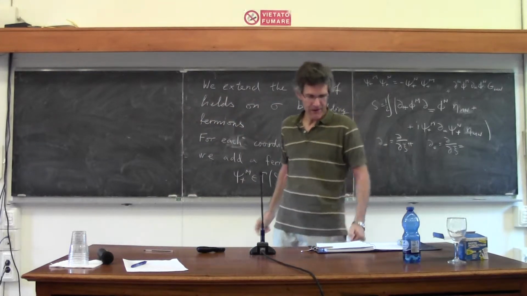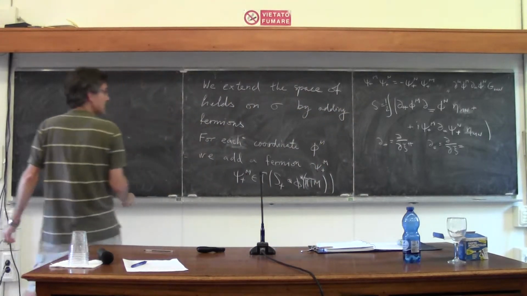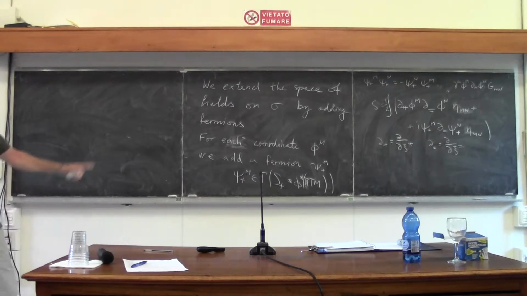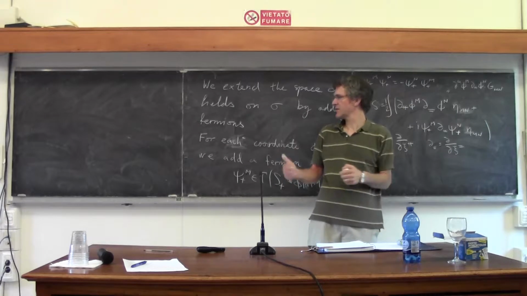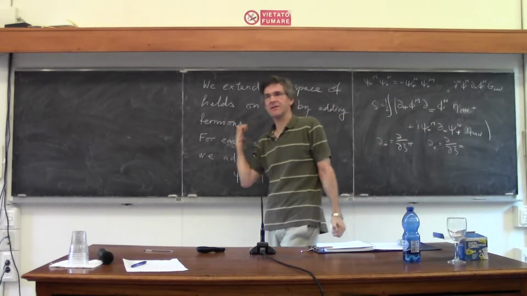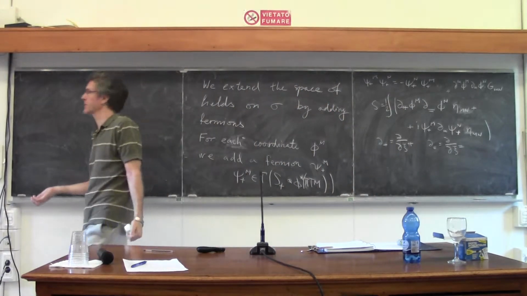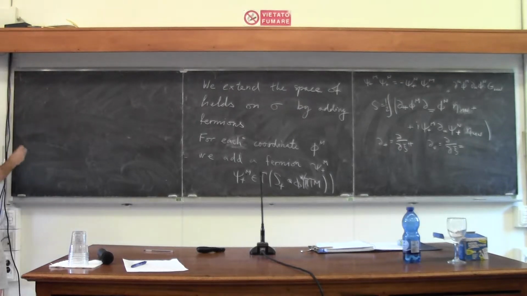Okay, so this action now has a symmetry. We know from yesterday that symmetries of the action are connected with interesting geometrical structures on M. So let me first show you how the symmetry looks.